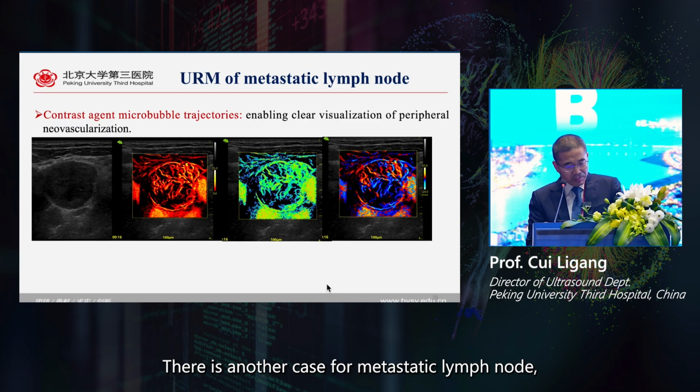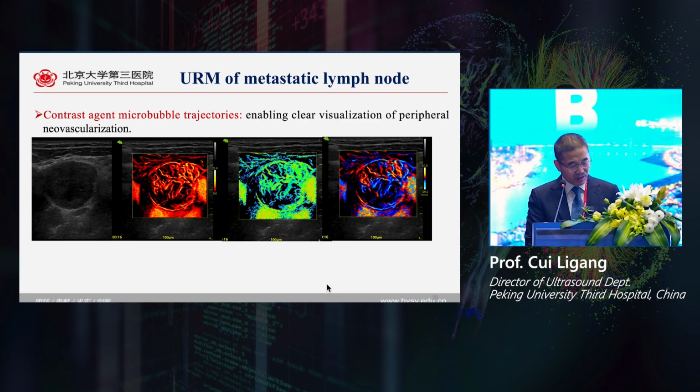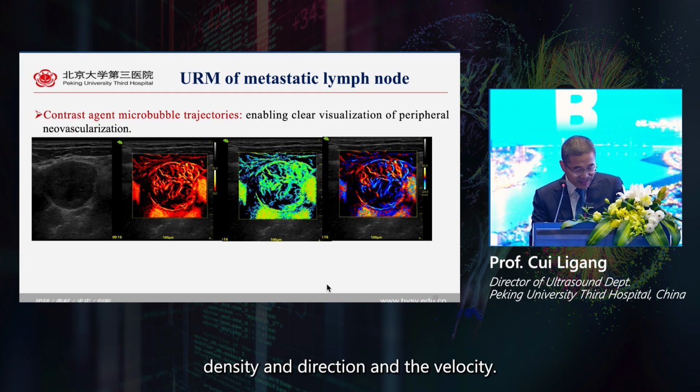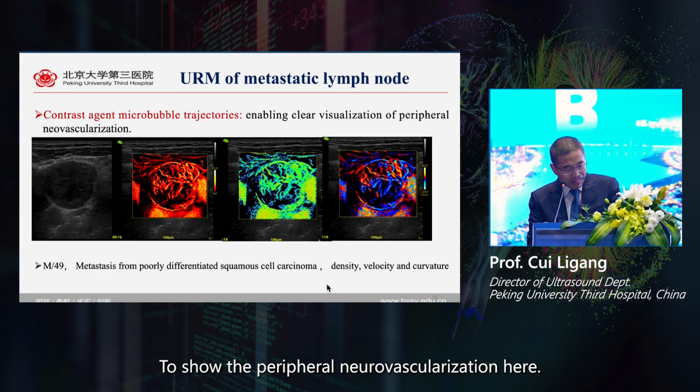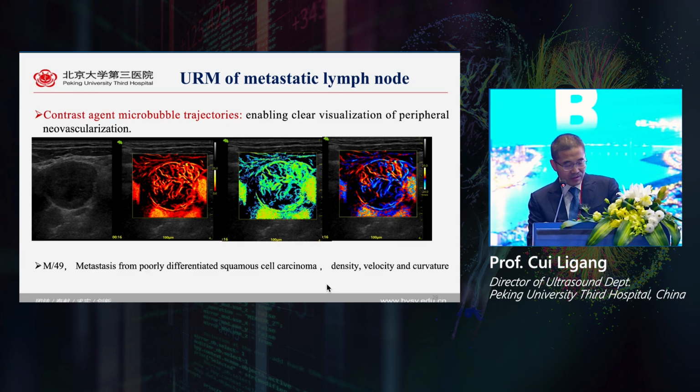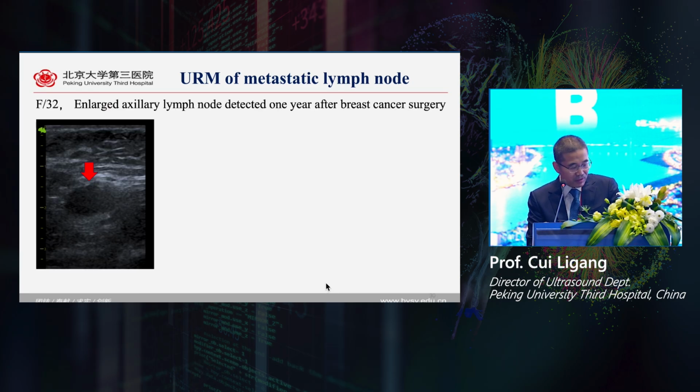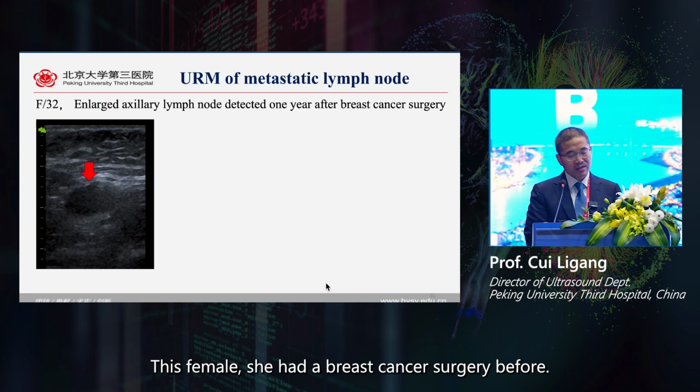There is another case of metastatic lymph node, with different types of maps: density, direction and velocity, to show the peripheral neovascularization formation here. This female had a breast cancer surgery before.